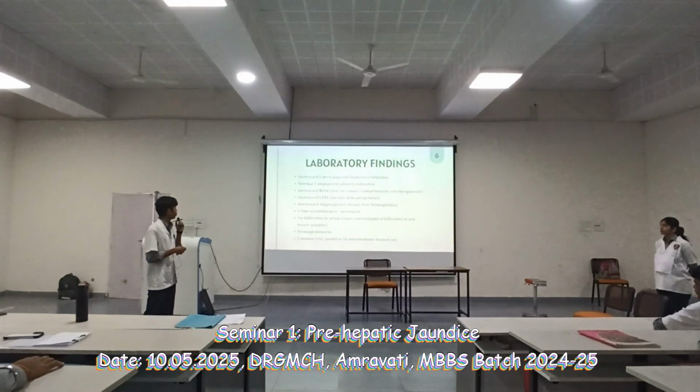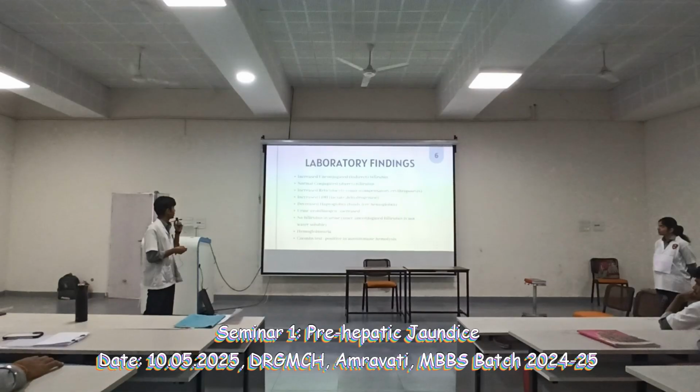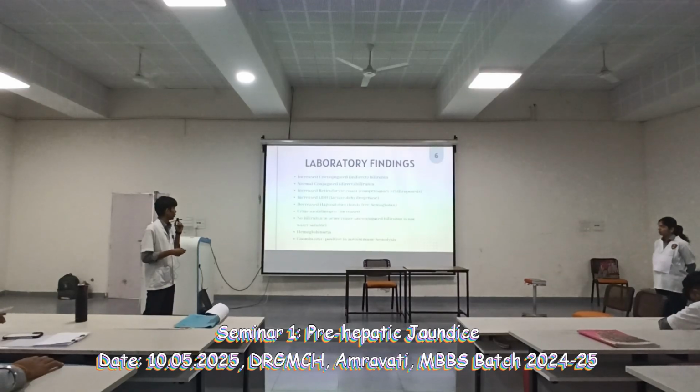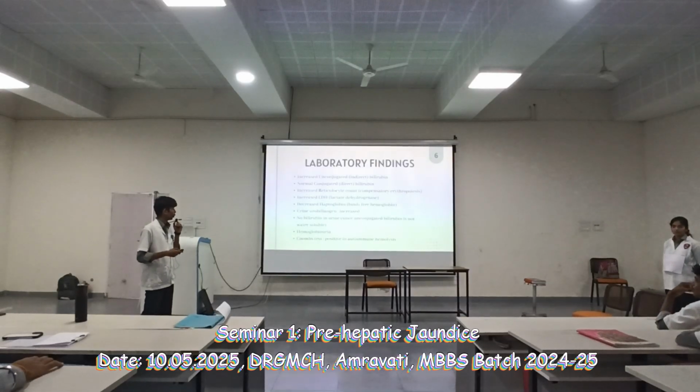Then there is no bilirubin in urine, as unconjugated bilirubin is water insoluble. Then we can see conditions such as hemoglobinuria, that is presence of excess amount of hemoglobin in urine, and the Coombs test is positive, which indicates autoimmune hemolysis.